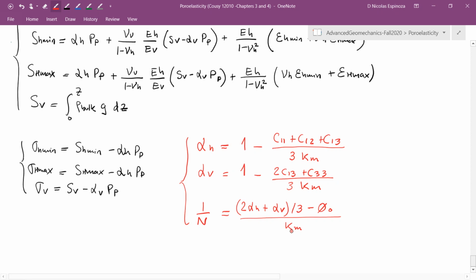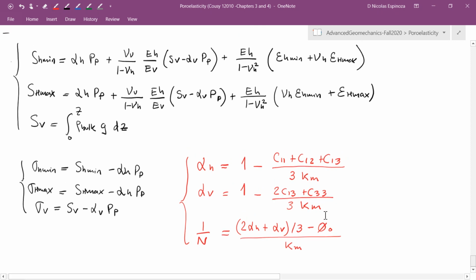And now you have basically everything that you need in order to build an anisotropic poroelastic model of the subsurface. If you also wanted to predict changes of stress with changes of pore pressure, you can do that. Here you have the full equations. You will just have to take those partial derivatives with respect to the particular variable, in this case, to pressure. That's the variable that you are changing.